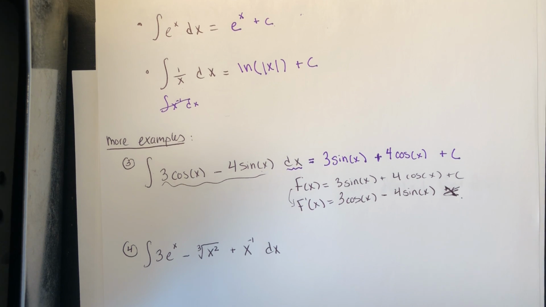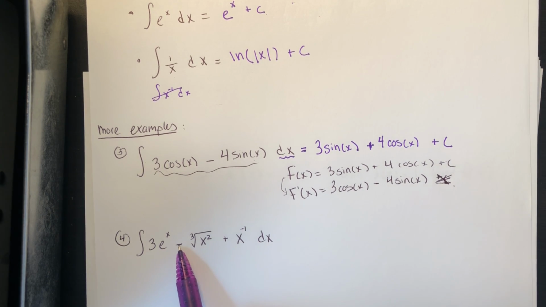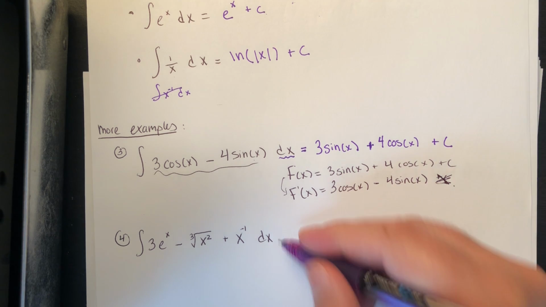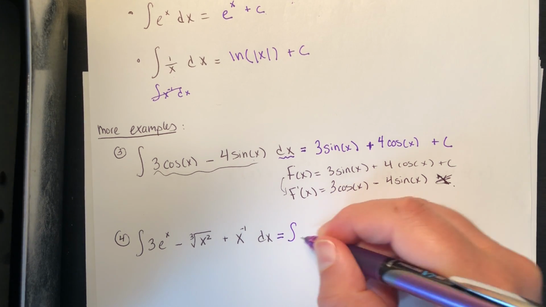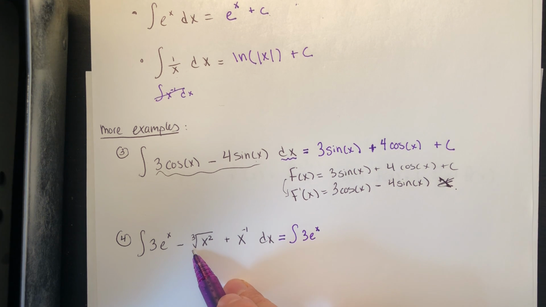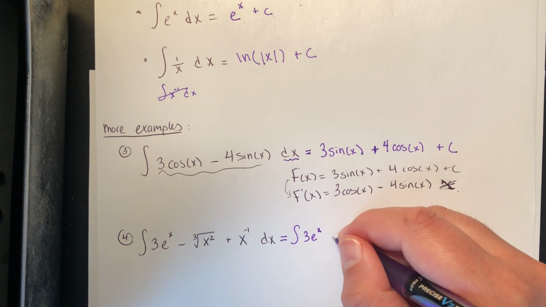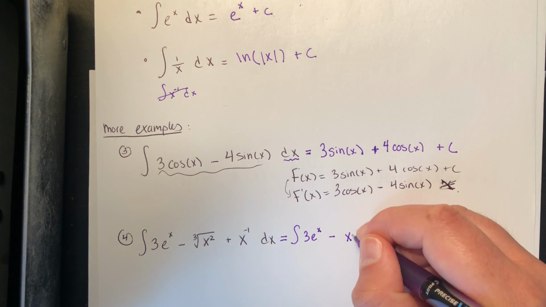Try another example. If we want to take the antiderivative of 3e to the x minus cube root of x squared plus x to the negative 1, let's first try to rewrite our original function here. Leave 3e to the x alone, that's fine, but rewrite this without the radical sign. If I want to get rid of that radical sign, I'm going to have to change that to a 1/3 exponent.